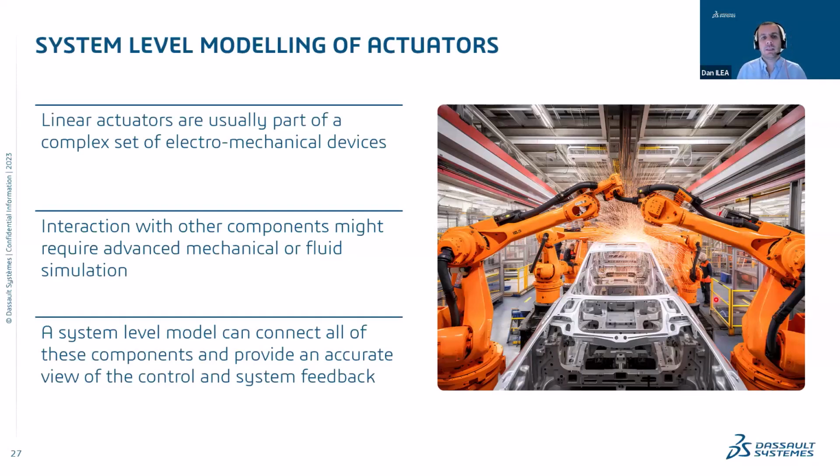Also, there may be many other considerations to include from the inverter side, some more complex switching that happens in the inverter. And in that case, we might want to look at the full system level behavior of the entire system, including the actuator.